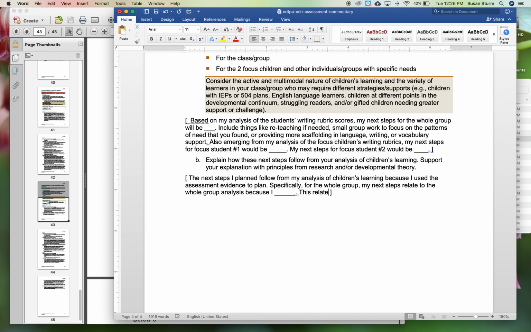This relates to the research on, so let's say your next steps are that you found the whole class needed something retaught, so you're going to reteach. So specifically my next step of reteaching descriptive word writing relates to the whole group because I found this as a pattern in their data.